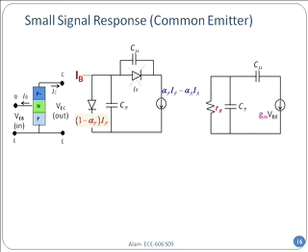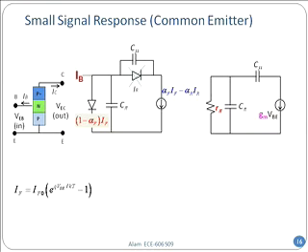Now, after I have dropped it, look very quickly, C pi and C mu in both cases, do you see on the right hand side it's about the same. The only thing, the first diode, I have replaced it with R sub pi. That's one thing I have done. And the last current source, I have replaced it with Gm multiplied by VBE. How did I do that? In the following way.